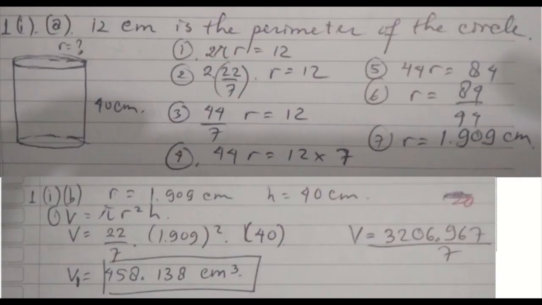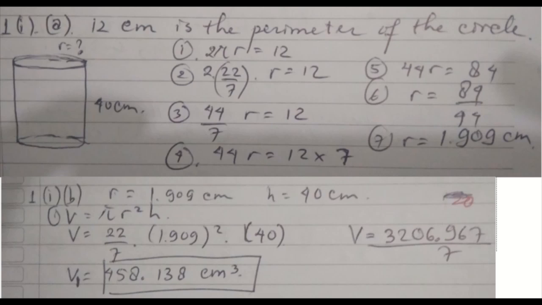Now, as you can see here, the first step is that we need to establish our assumption that the 12 centimeter is the perimeter of the circle. And then after that, through the steps, the first one is that 2 pi r is equal to 12. And then remember, pi is equal to 22 over 7.